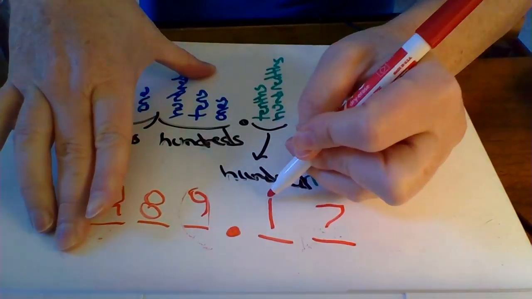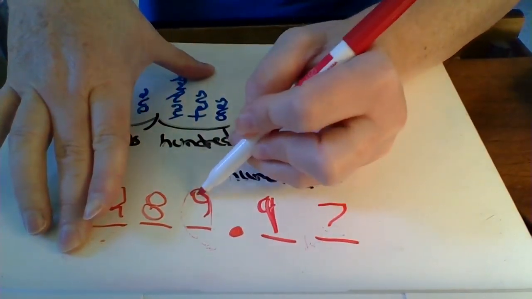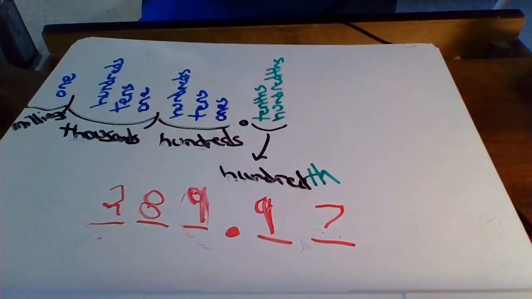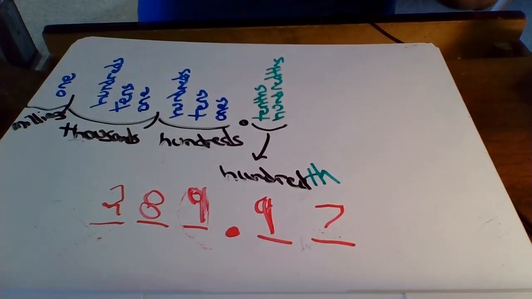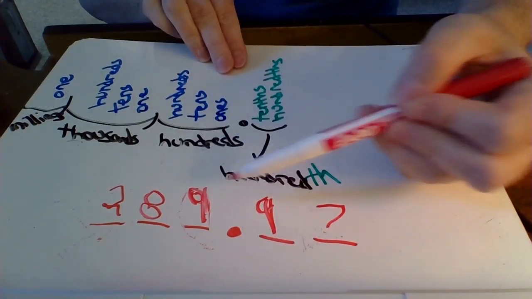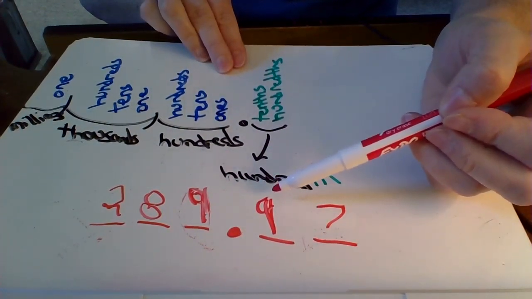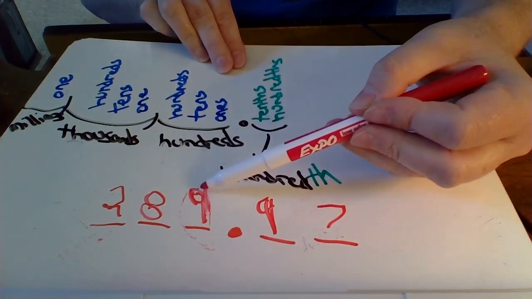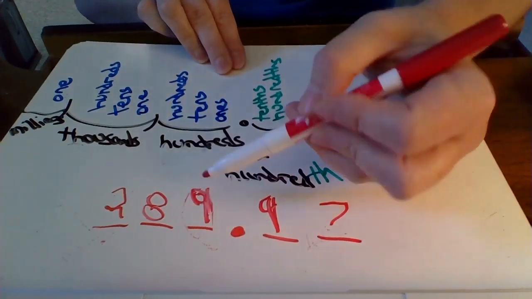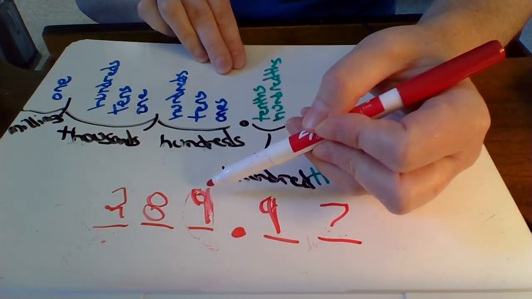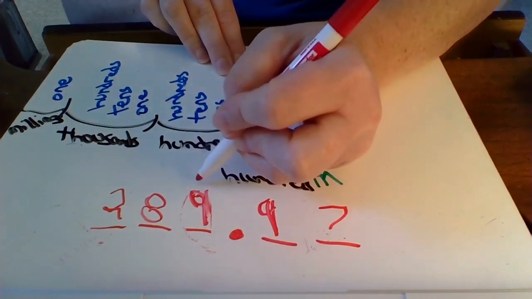If this was a 9, this is sometimes where it gets tricky, the 9 to the 0 piece. I look next to it, 9 is a 5 or above, so I know I don't keep it a 9. I go up 1. Up 1 from 9 is 10.